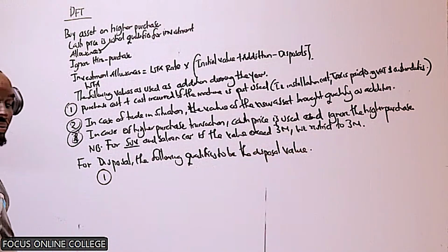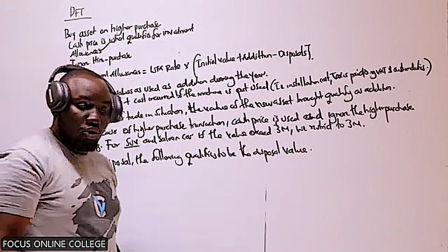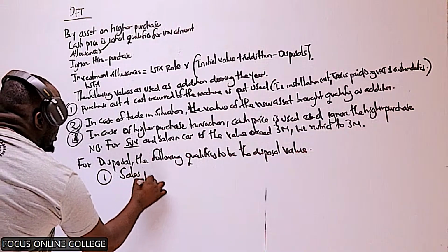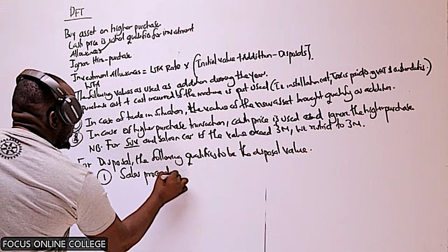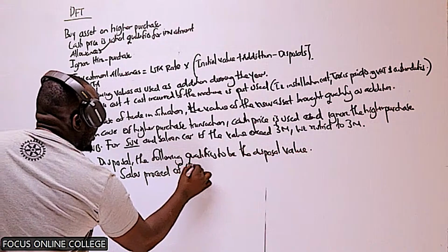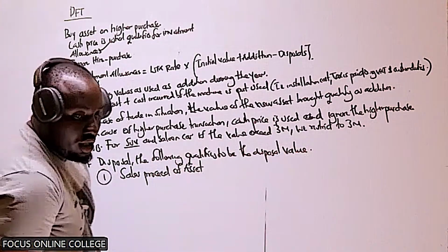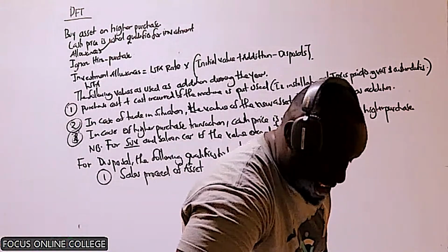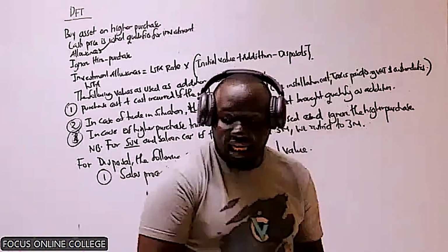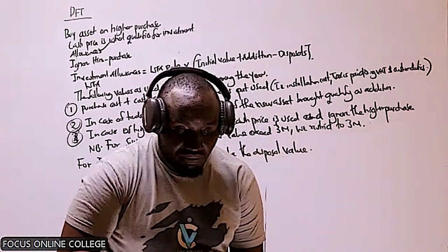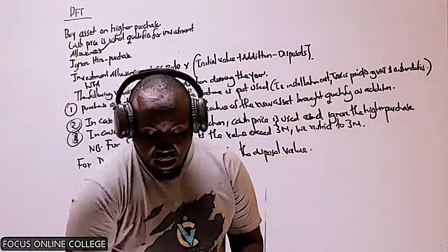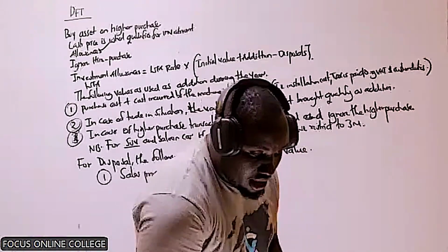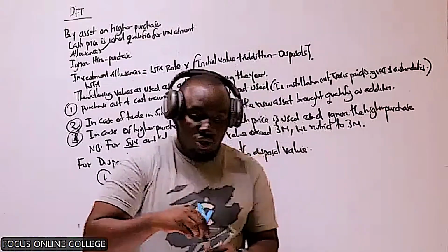Number one, that will qualify to be disposal value, we call it sales proceed of an asset. The value that you get when you sell an asset will qualify as the disposal value. Together, team, in case of disposal, the sales proceed, the value for which the asset has been sold, qualifies to be the disposal value.